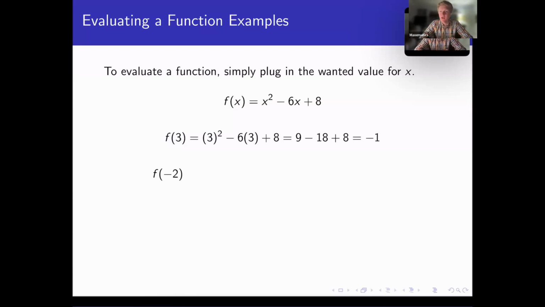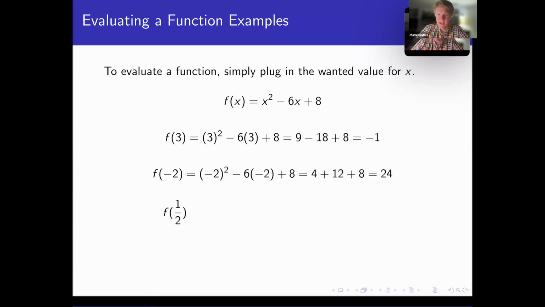F of -2 says wherever we see x, plug in -2. Again, use parentheses. Be very careful. We've talked about this problem so many times. -2 squared is +4. -6 times -2 is +12. So we get 24. Okay. F of 1/2.